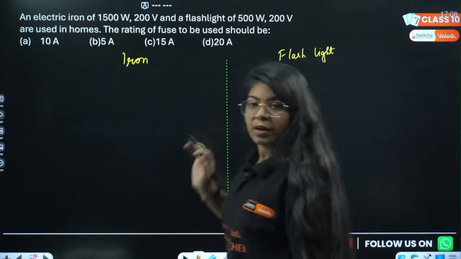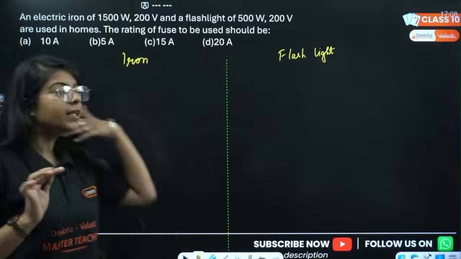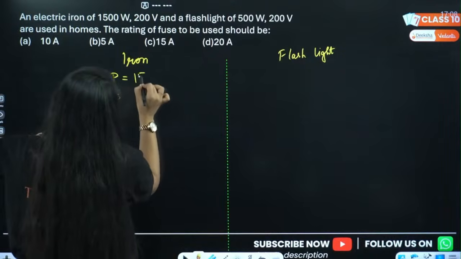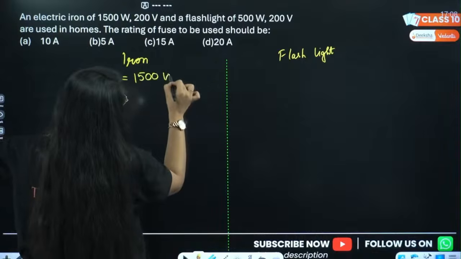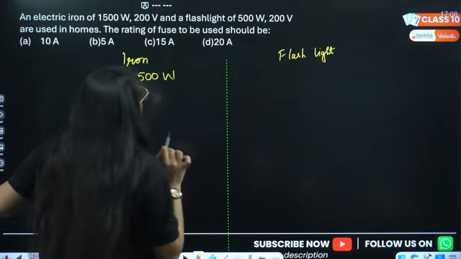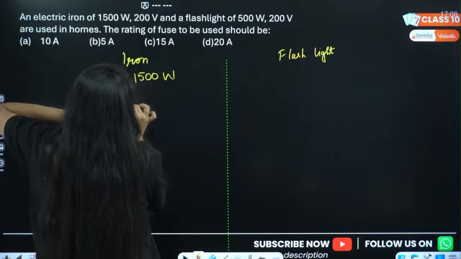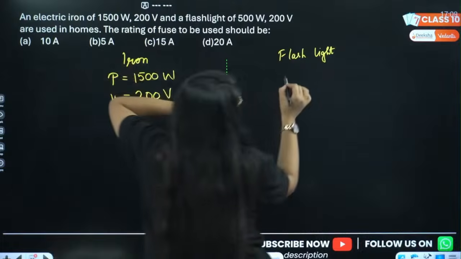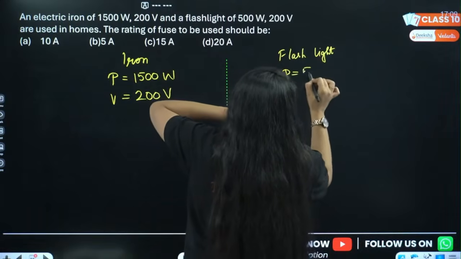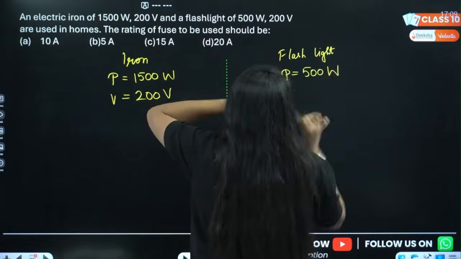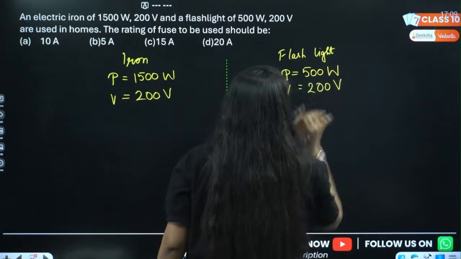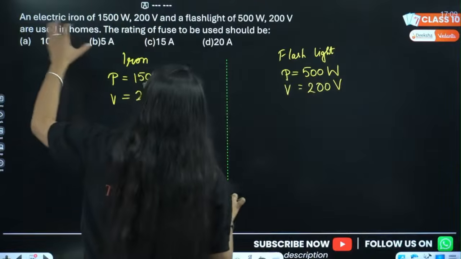Now the power of the electric iron is 1500 watt, understood? And the voltage is given as 200 volt. Correct? The flashlight has power as 500 watt, right? And the voltage is 200 volt. Are used in homes.